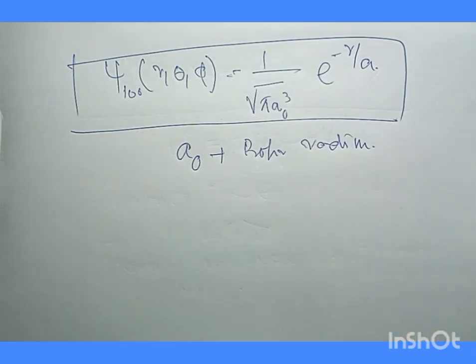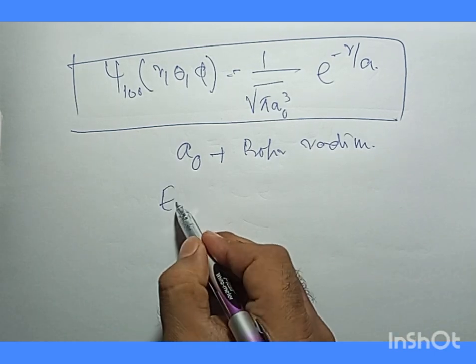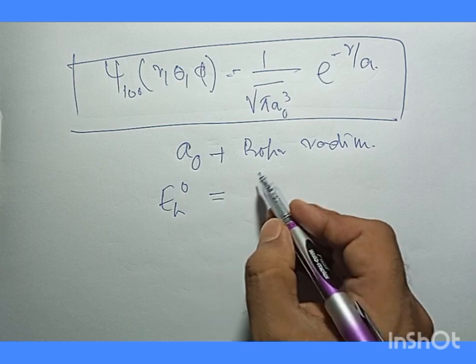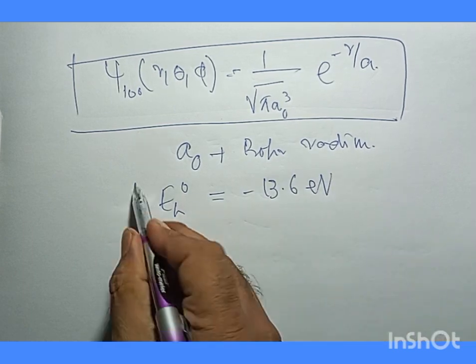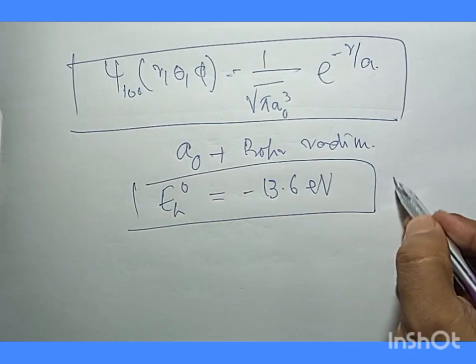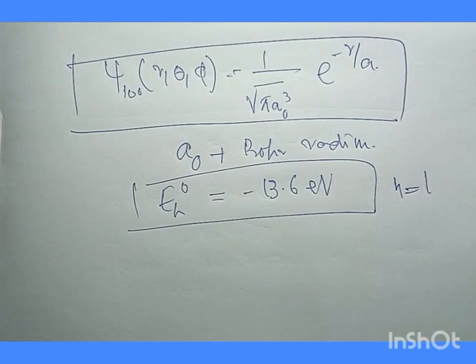The ground state energy is minus 13.6 electron volts, because n equals 1.